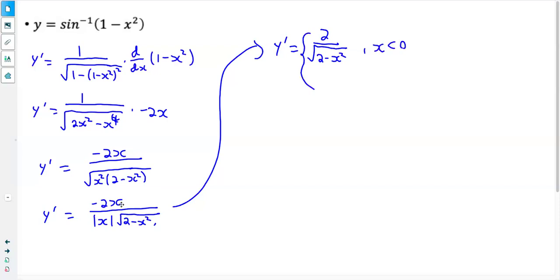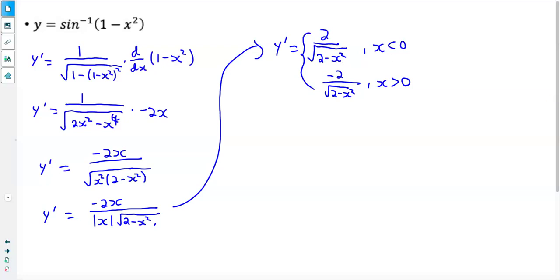That's because when x is less than 0, it'll be negative and cancel this negative, and then our x's just cancel out. So that'll leave us with positive up there. Or it will be negative 2 over the square root of 2 minus x squared when x is greater than 0. Because if it's greater than 0, we won't have anything to cancel off that negative.